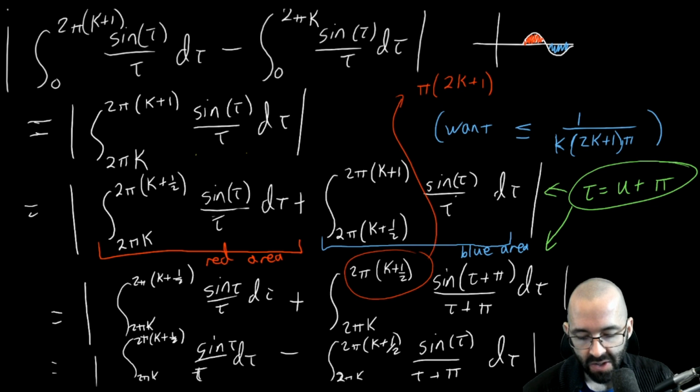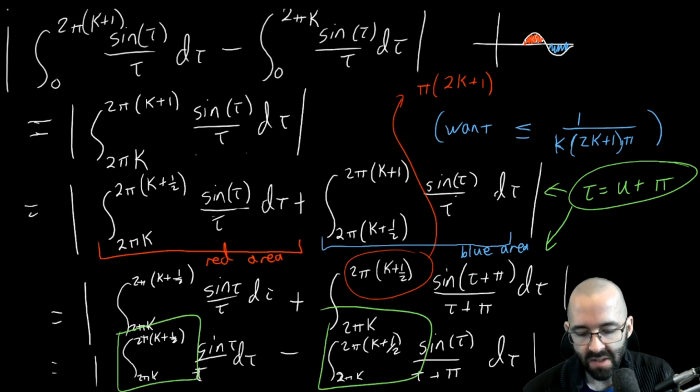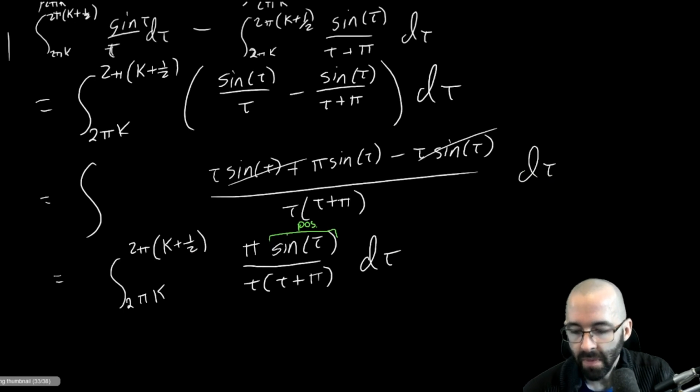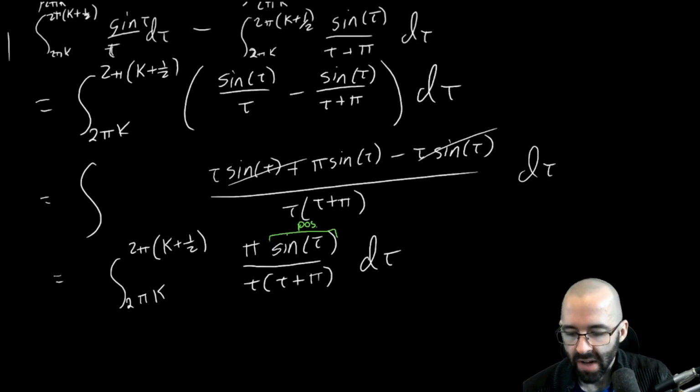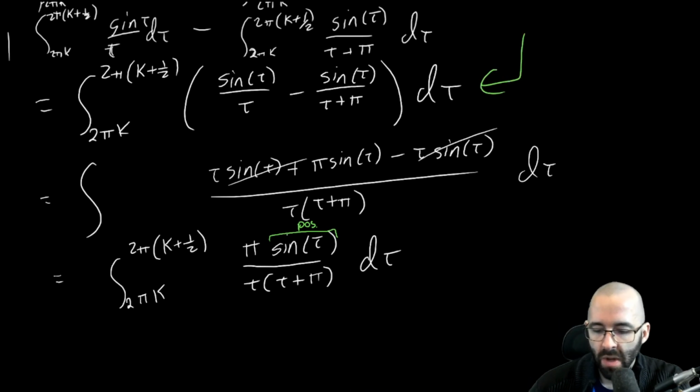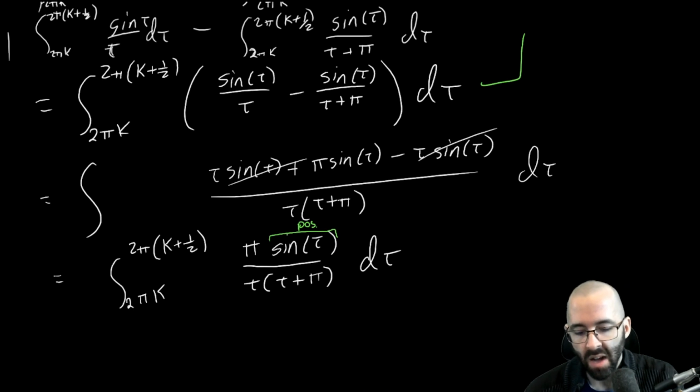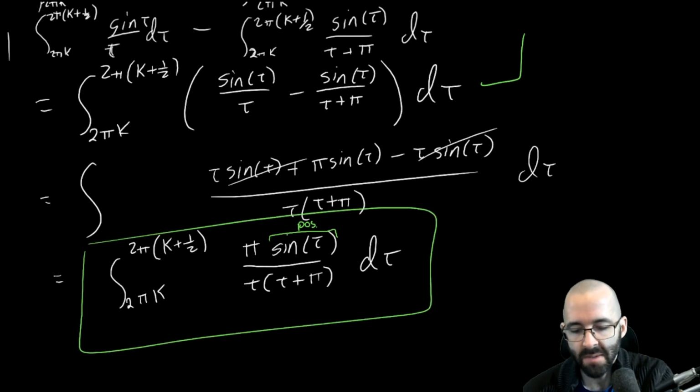Now this is very useful because we have two integrals with the same region of integration, so we can combine the integrands. When we combine the integrands, we can get a common denominator, and in the process it simplifies out really nicely to something like this.